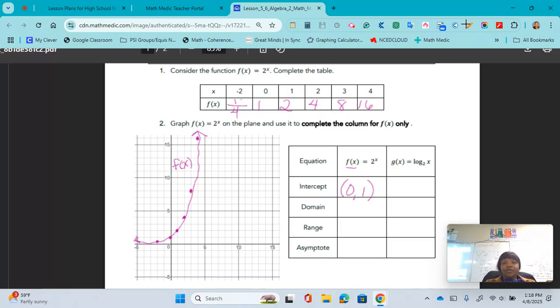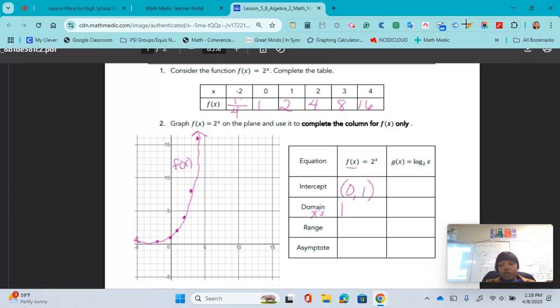The domain. We recognize domain as our what values? That is our x's. So the domain of this graph, which goes forever to the left and forever to the right, is from negative infinity to positive infinity.